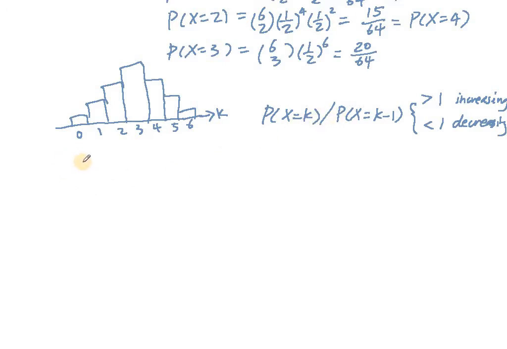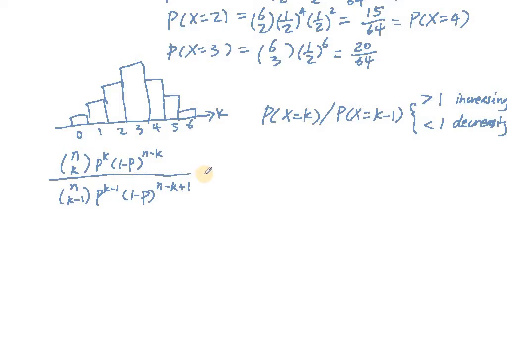Right, so let's write it out. The numerator, we have n choose k times p to the k, 1 minus p to the n minus k. Denominator, we have n choose k minus 1, p to the k minus 1, 1 minus p to the n minus k plus 1. So instead of k, we are putting in k minus 1, so that will be k plus 1.